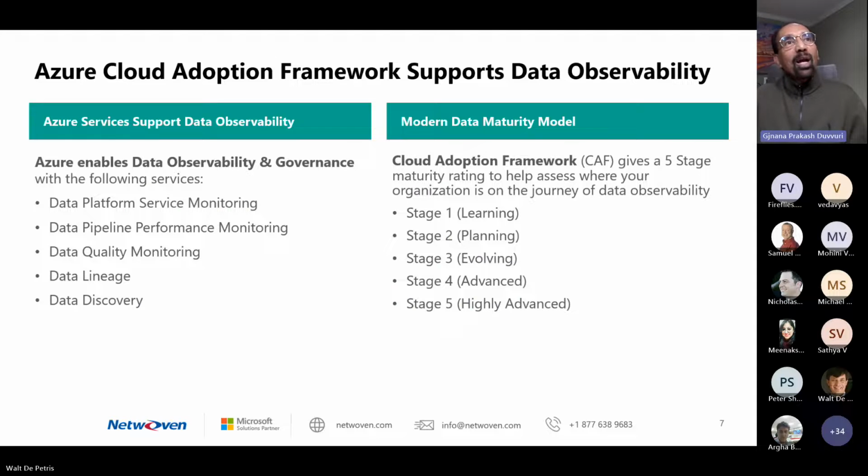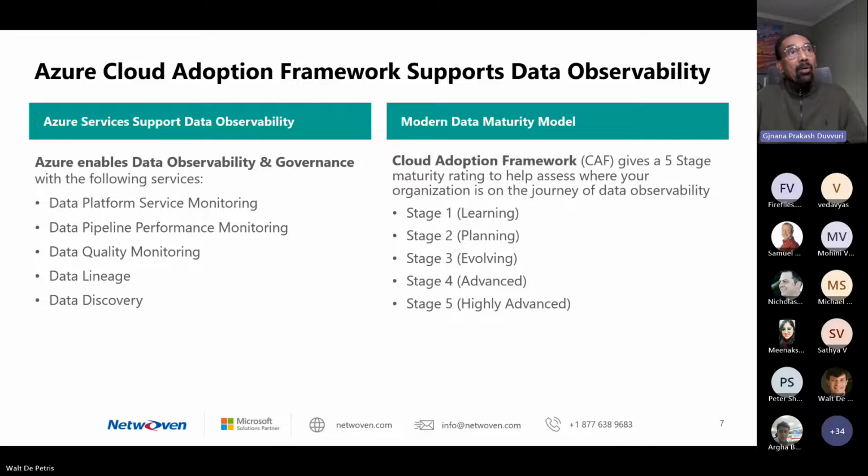Okay, when we talk of data observability, even Microsoft, in their Cloud Adoption Framework, supports data observability. Maybe the words are different, but exactly the 5 pillars: it also supports data platform service monitoring, data pipeline performance monitoring, data quality monitoring, data lineage, and data discovery.